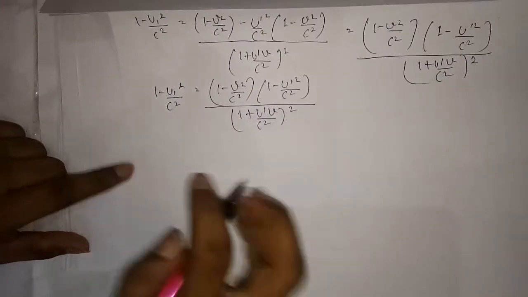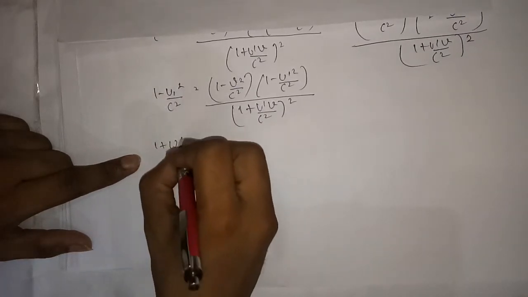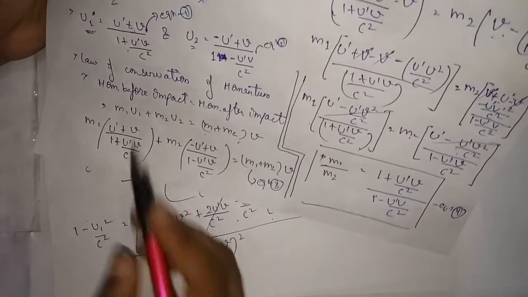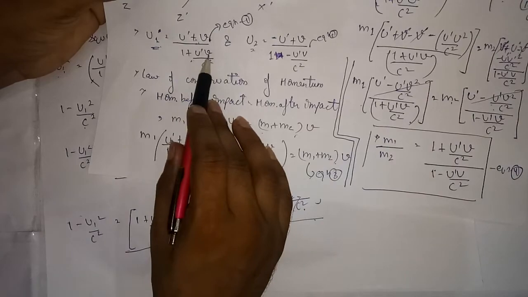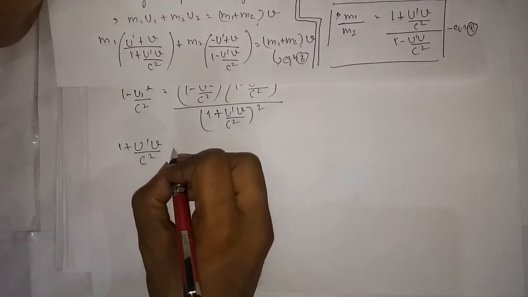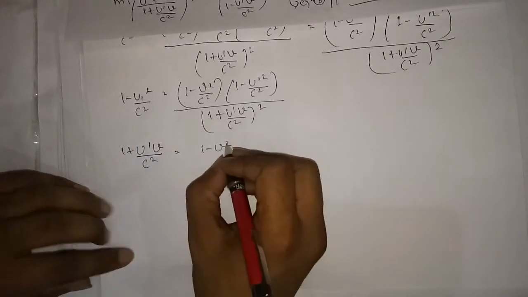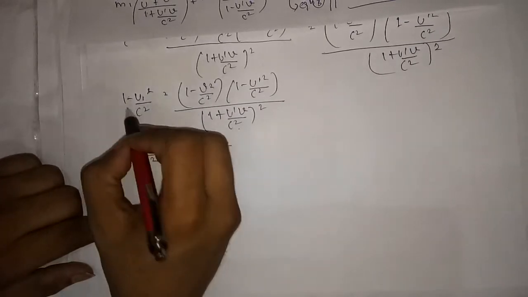So now we have 1 plus u dash v upon c square, and this is our equation, okay, we are finding this value. So 1 plus u dash v upon c square's value is, we get this value as 1 minus v square upon c square when it goes to this side, okay.